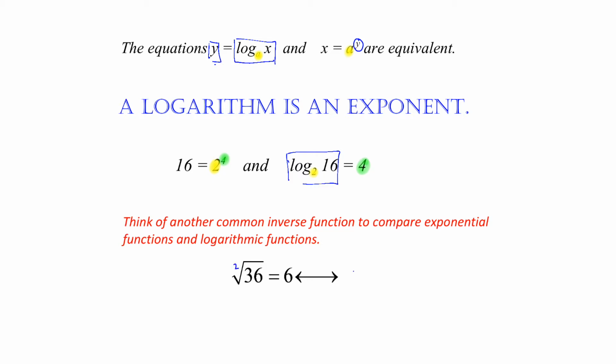So we could rewrite this as 6 squared is equal to 36. One is written as a quadratic, 6 squared. The other is written as the square root of that. So we have other inverse functions that we have dealt with before. This one is just somewhat newer to us in terms of exponential and logarithms, but they work the same way.